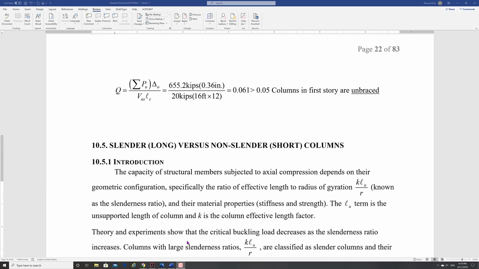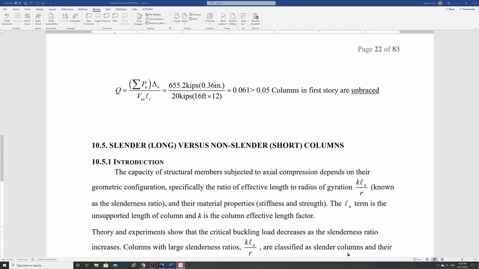Now your load will decrease. That's something that you probably picked up in mechanics of solids too. As you increase your slenderness ratio, your critical buckling load will be smaller. So the larger this value, the smaller your critical load, so there is more chance of buckling.